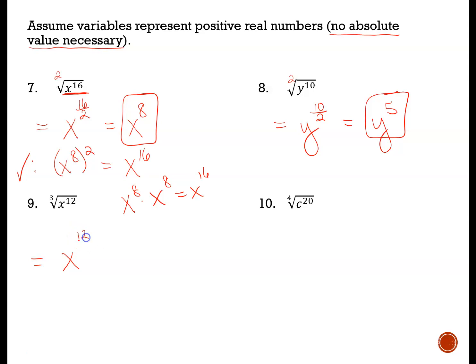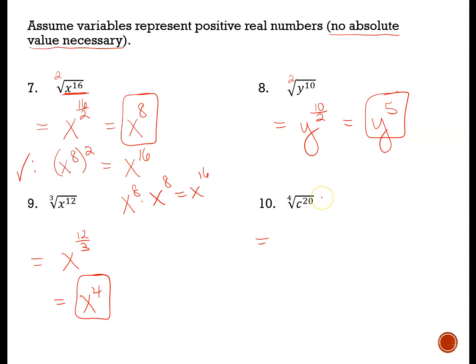So that's 12 divided by 3, which is x to the 4th. Now all of these examples we're doing here are perfect powers, right? We know x to the 12th is a perfect cube because 12 is a multiple of 3. And these are the only type we're going to do right now, is those variables that are perfect powers.